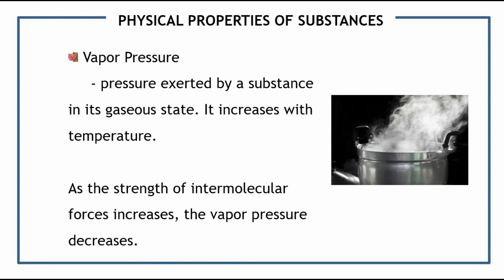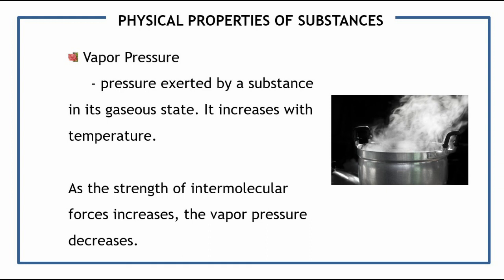Kapag ang liquid ay inexpose sa high temperature intended to boil it, nagkakaroon tayo doon ng vapor pressure. Ano nga ulit yung vapor pressure? Ito yung pressure na ina-exert ng mga gas molecules. Mas mataas na temperature, mas tumataas yung vapor pressure dahil mas dumadami yung gas molecules.